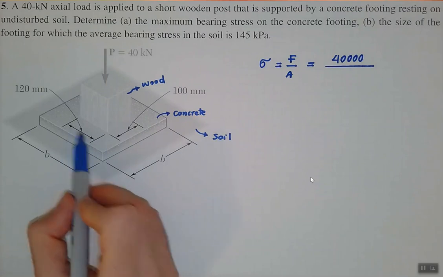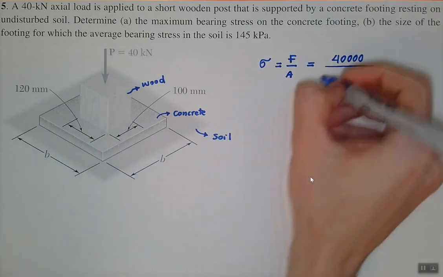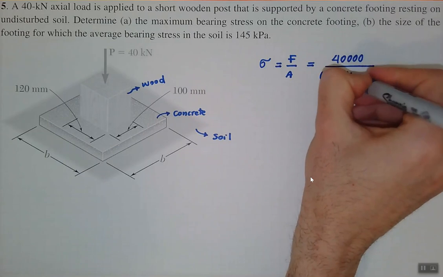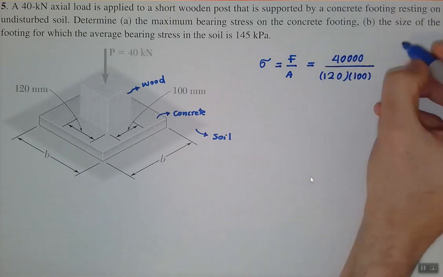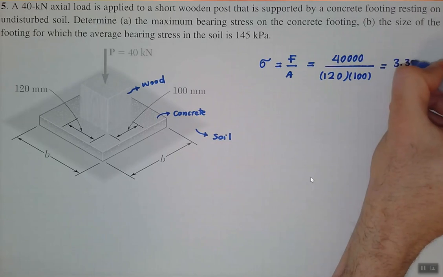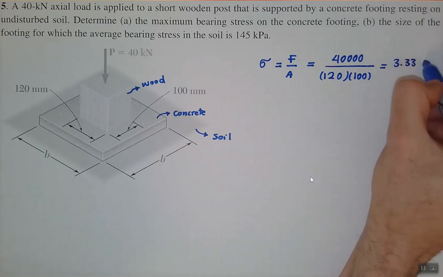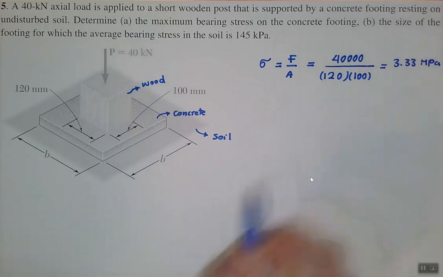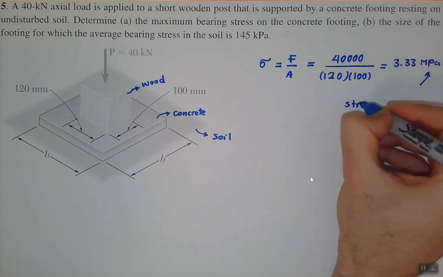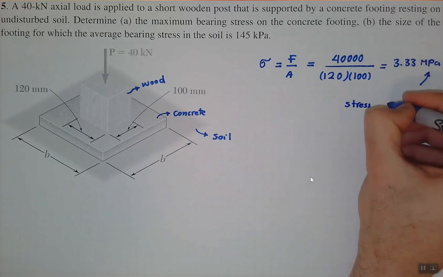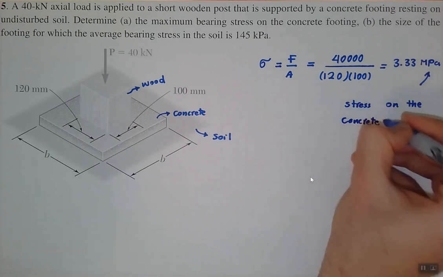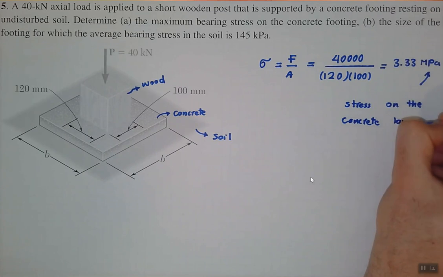So the question first asks us to find the stress that wood creates on concrete. So sigma is equal to F divided by A, and the load is simply 40,000 Newton, right? The load divided by the area. So area is simply 120 by 100. We can keep the units in millimeter, and 120 multiplied by 100 gives us basically 3.33 megapascal. So basically this is the stress on the concrete by wood.